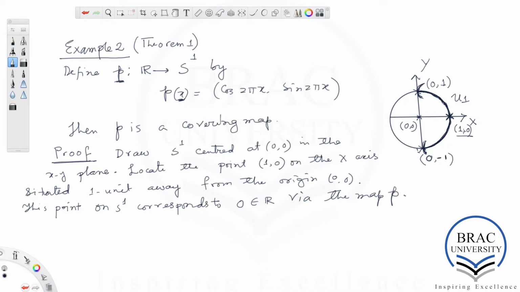What are those points? Say x is equal to 2. That corresponds to (1, 0) as well, right?